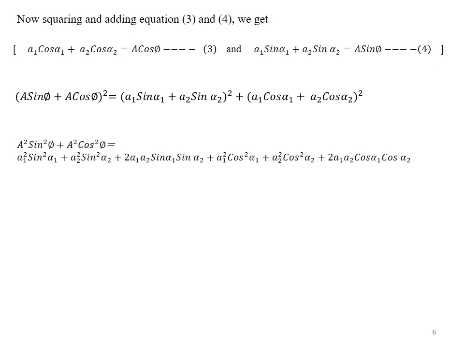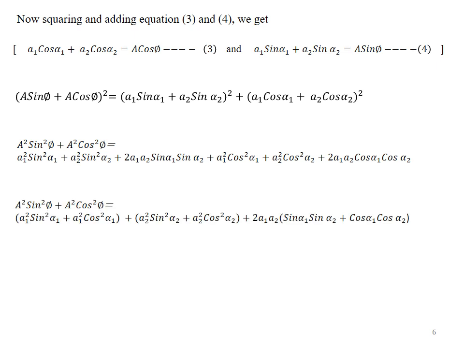Rearrange this expression. We write LHS as it is, A square sin square phi plus A square cos square phi is equal to, first terms a1 square sin square alpha 1 plus a1 square cos square alpha 1, second terms a2 square sin square alpha 2 plus a2 square cos square alpha 2, plus last term twice a1 a2 into (sin alpha 1 sin alpha 2 plus cos alpha 1 cos alpha 2).